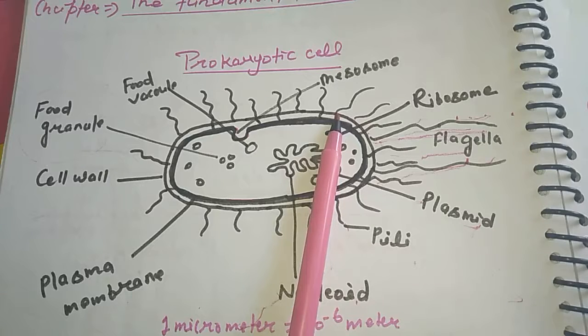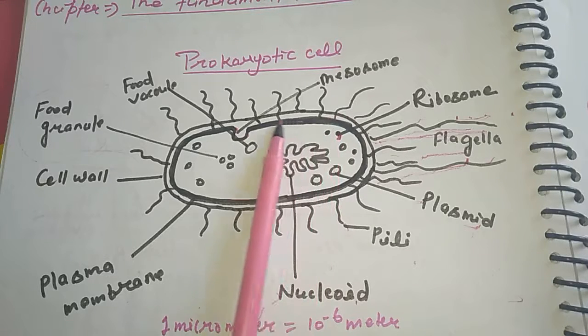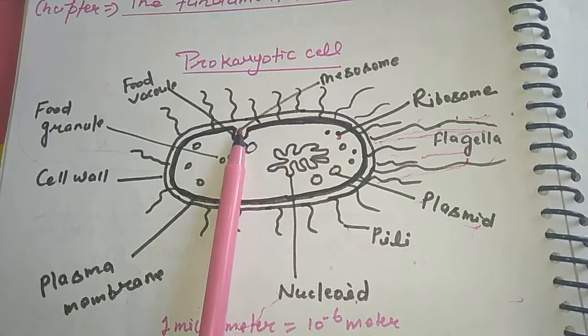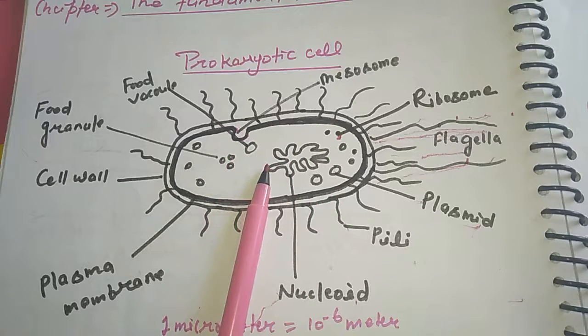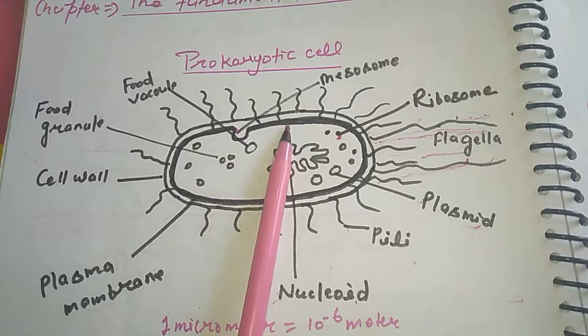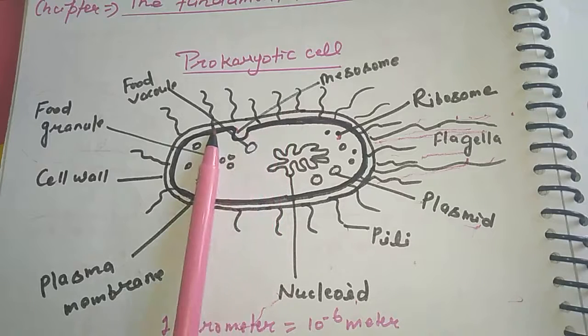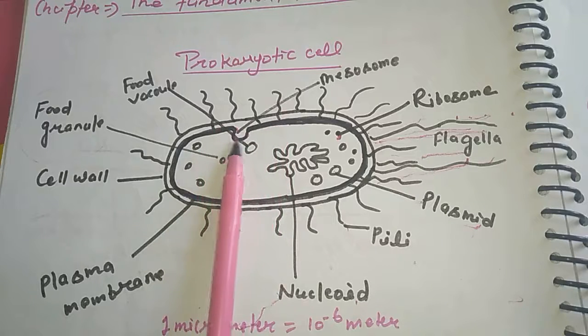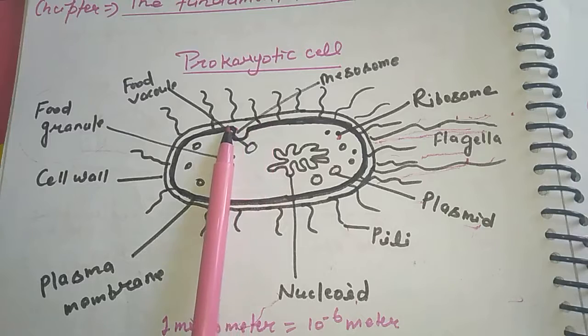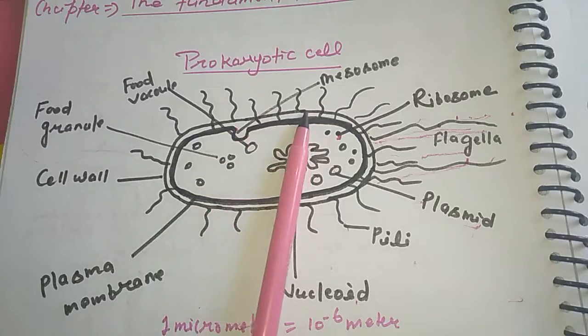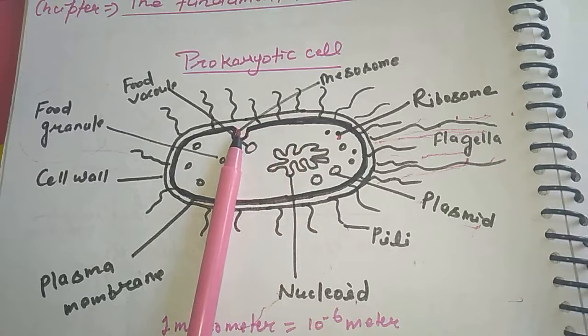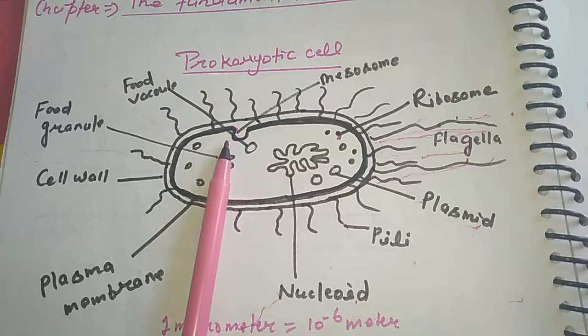But in some photosynthetic bacteria no plastid is present. So that is why they have the bag-like structure called mesosome, and they contain pigment for photosynthesis, but this is present only in the photosynthetic bacteria.